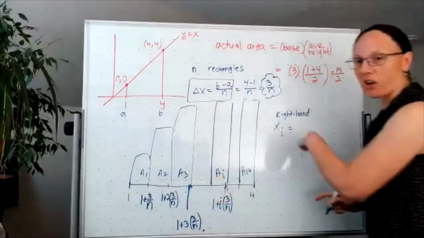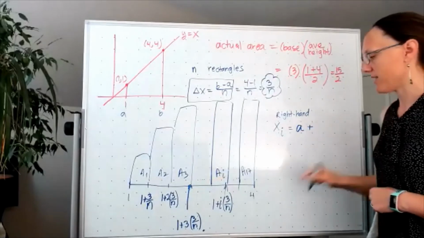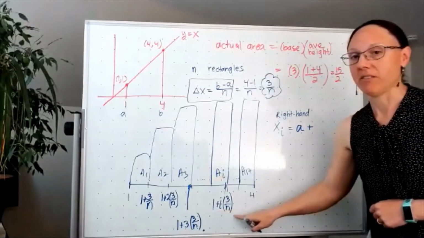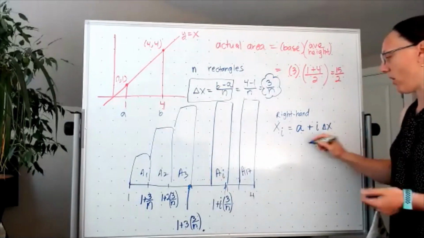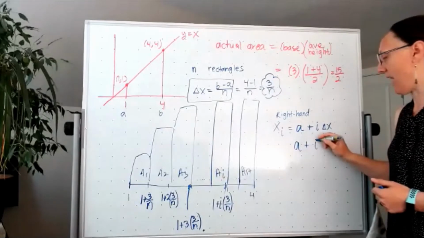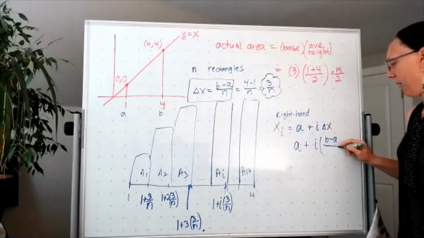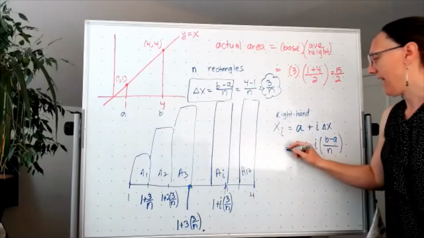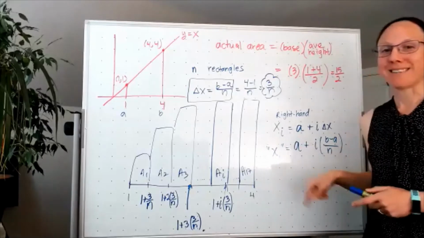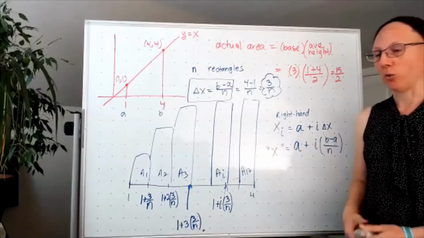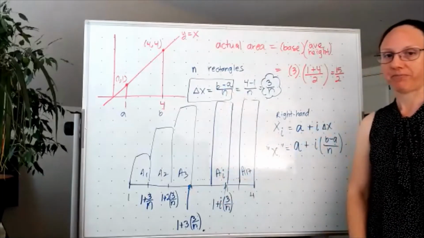So this looks like a plus, we've moved over i of the delta x's. So I could write that as i delta x, or I could write that as a plus i, and then put in the formula for delta x, b minus a over n. I'm putting the x in quotations because that's like the x value for my generic ith rectangle.